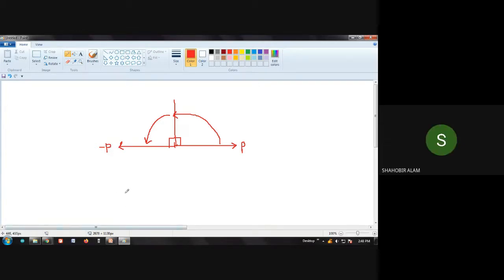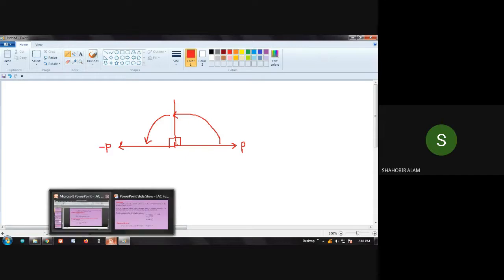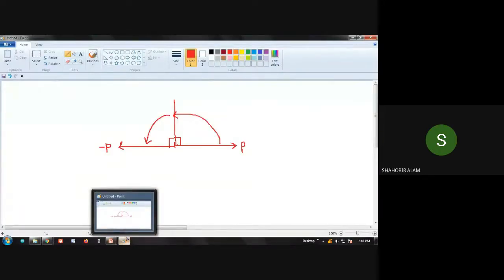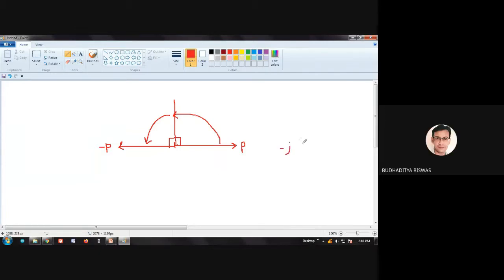Sir, a 90 degree rotation means we are representing the same term on the complex axis. If P is the amplitude, then on the complex axis we are just multiplying the amplitude with the complex number to represent this 90 degree rotation. Yes.